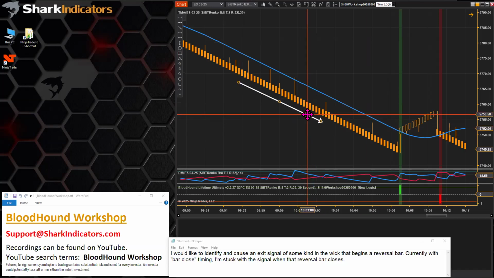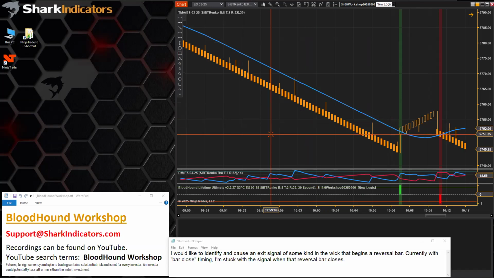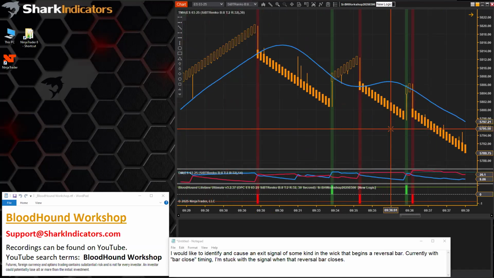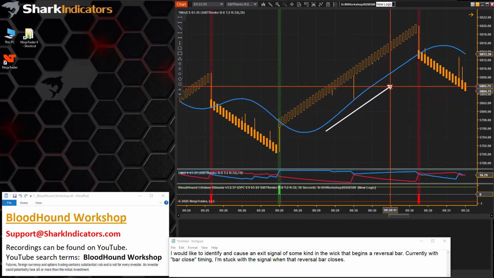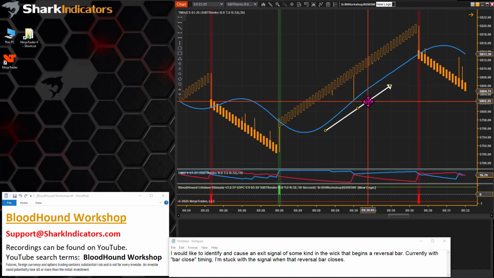So for a short trade, you want a long output as your exit signal to exit that short trade, right? And vice versa. So if we're in a long trade, then you want a short output as your exit signal to exit this long trade, right?